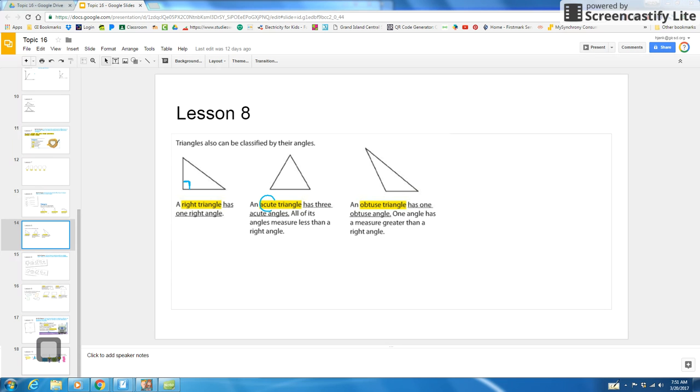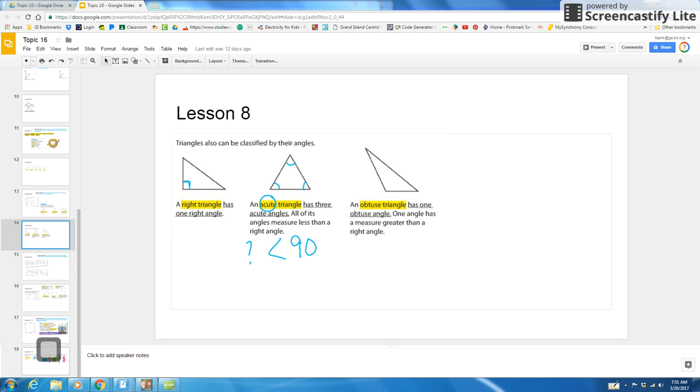Then we have our acute triangle. An acute angle, if you remember, is less than 90 degrees, right? So that angle over here would make it less than 90 degrees, and this angle and this angle are all less than 90. It doesn't mean just one angle.